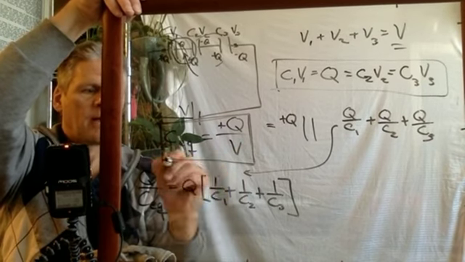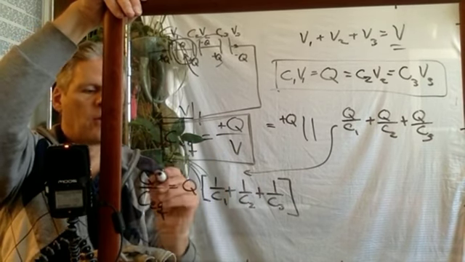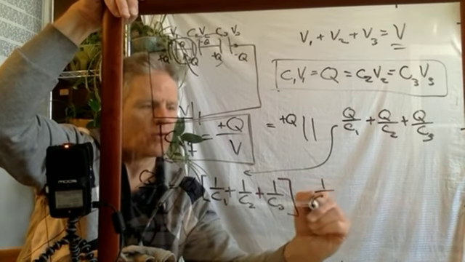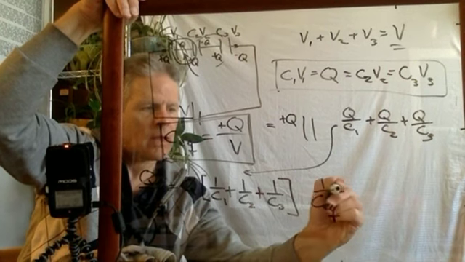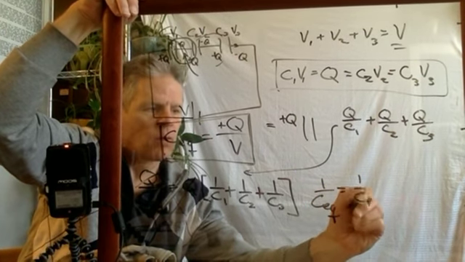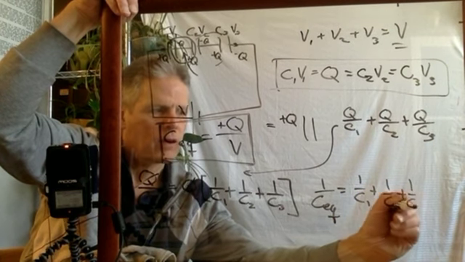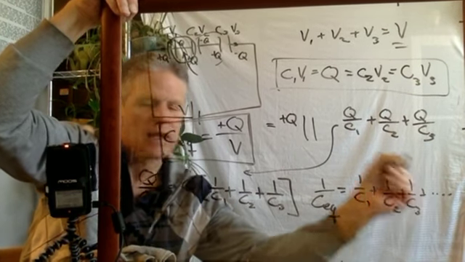That's what our V total is. Well, we just divide both of these by Q, and we see that 1 over C equivalent equals 1 over C1 plus 1 over C2 plus 1 over C3 plus however many you have.